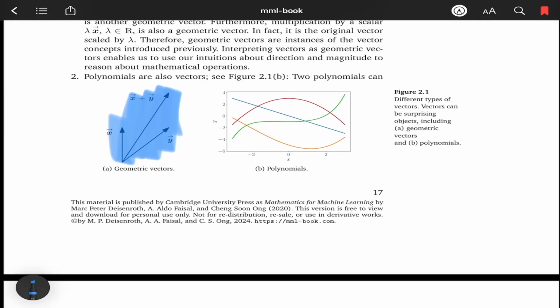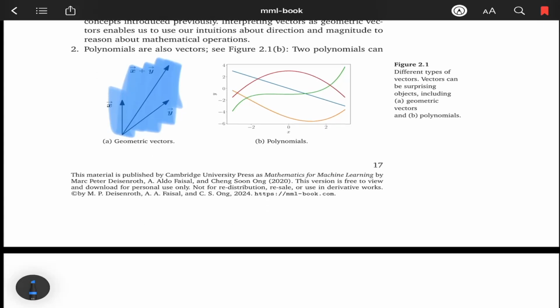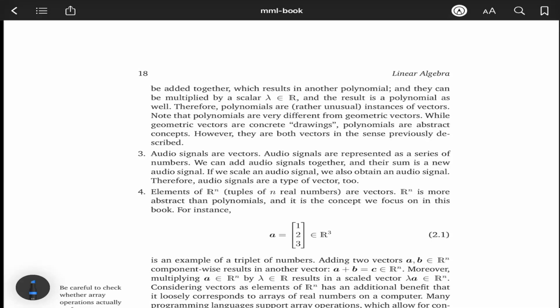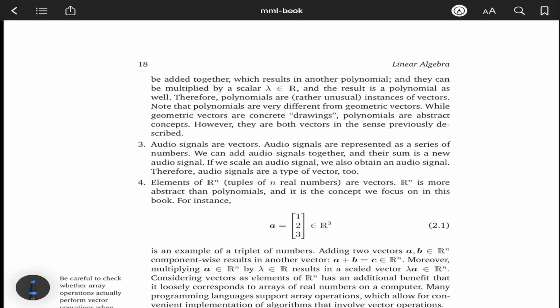Okay, so the second part is polynomials. Polynomials are also vectors. Two polynomials can be added together, which results in another polynomial. And they can be multiplied by a scalar lambda, and the result is a polynomial as well.